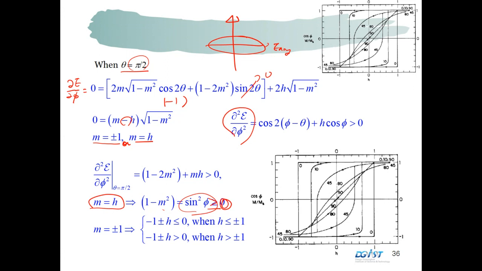That means they are stable solutions. And also, m is plus or minus 1 implies, when h is smaller than plus or minus 1, and also they satisfy this relation. So that implies m is h implies this one.